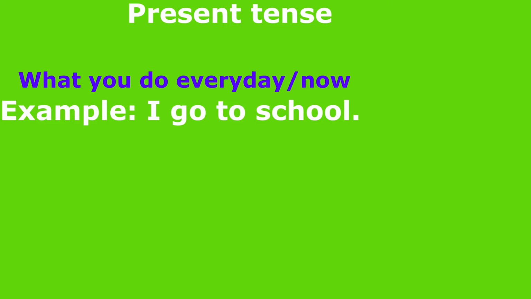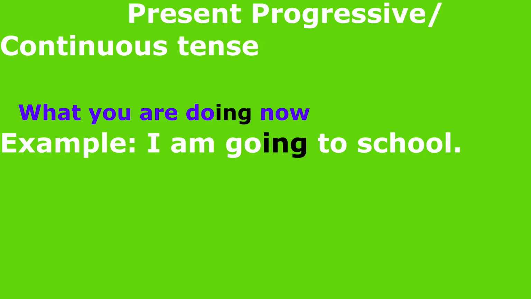Then there is present continuous or present progressive. Progressive and continuous mean the same thing. The difference between continuous or progressive and simple present is that in present progressive or present continuous there's an "ing".